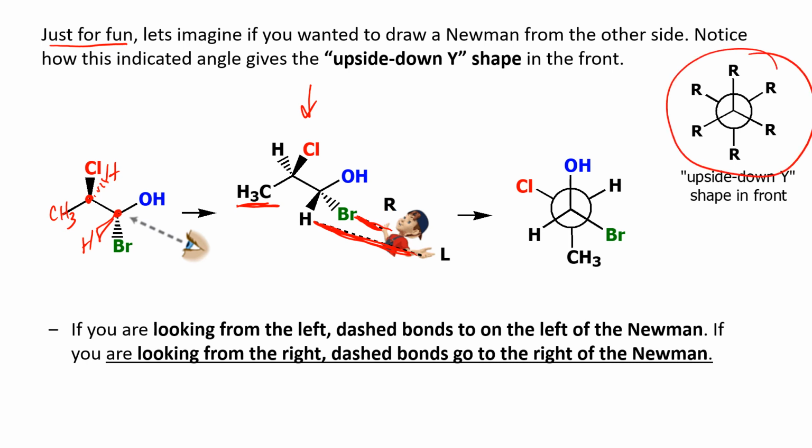So that's our basic template that we're filling in. Down on the bottom right, we have our bromine. On the bottom left in the front, we have our hydrogen. And sticking up in the front is the hydroxyl group.